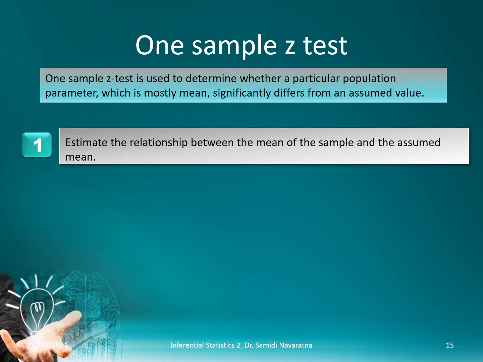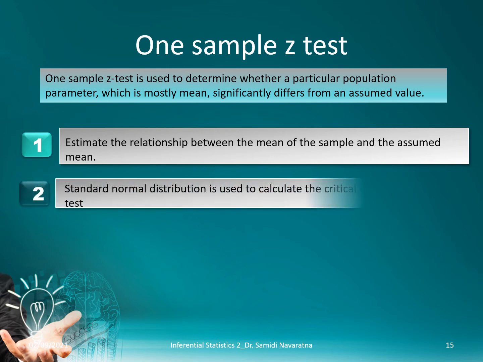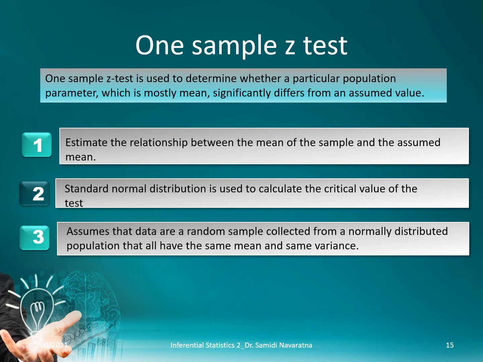So as the definition goes, it estimates the relationship between the mean of the sample and the assumed mean. The standard normal distribution is used to calculate the critical value of the test. Like in all other parametric tests, this test also assumes that the data are from a random sample collected from a normally distributed population.